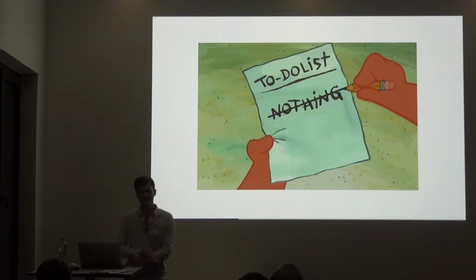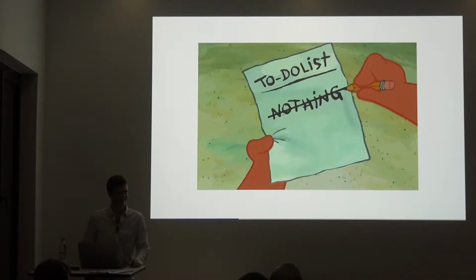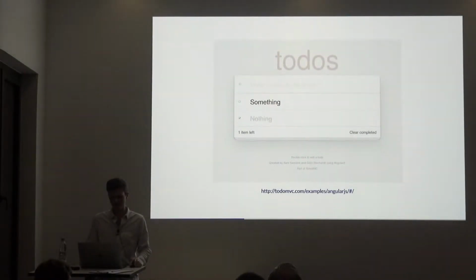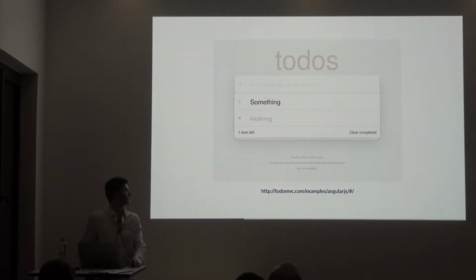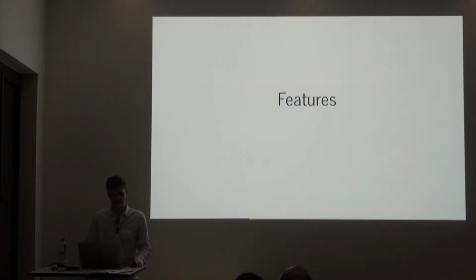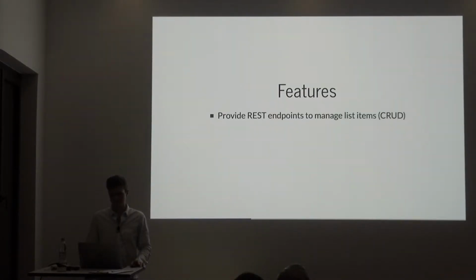So without further ado, let's do a small demo. And as everybody knows in the JavaScript world, the demo is always the to-do list. So what we want to do is we say we have some front end, like the one from To-Do MVC here, which is a popular site to try out a lot of front-end frameworks. And we want to provide a backend for some to-do list like that, which has a couple of features.